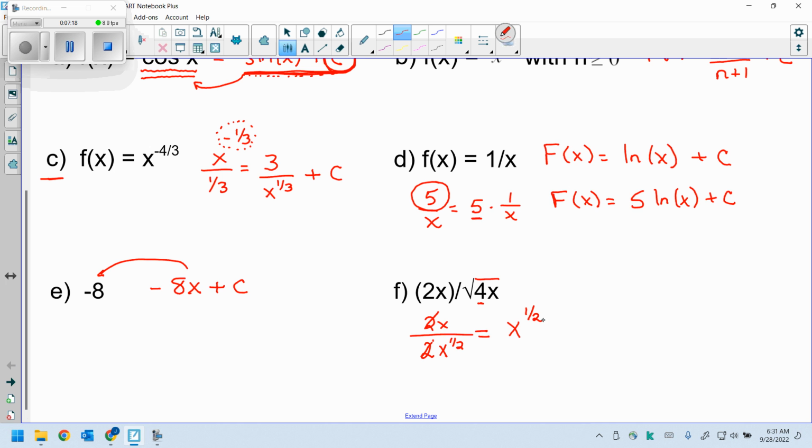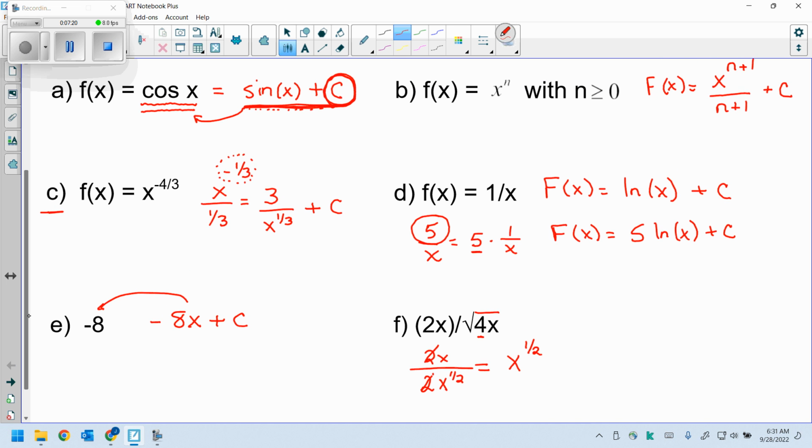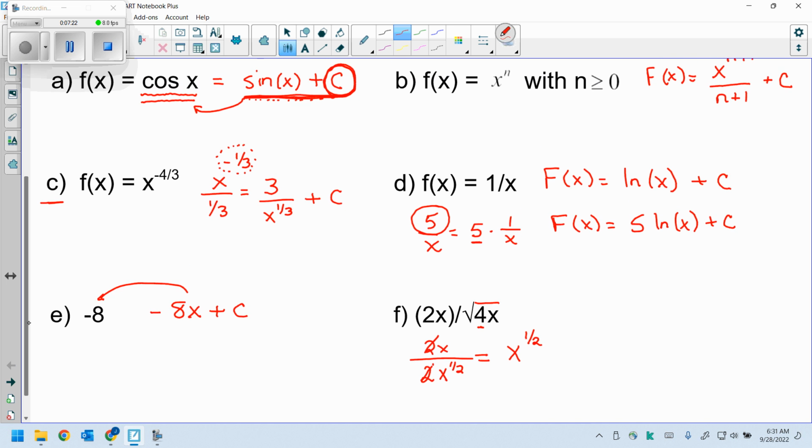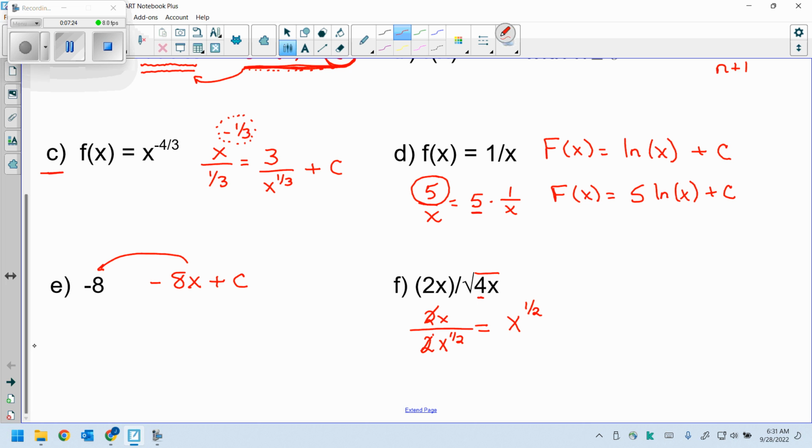And now, just as we did up here in letter B and C, we're just going to take that exponent, bump it up by 1, x to the 3/2, and then temporarily I'm going to divide by 3/2, but realizing we never divide by a fraction.